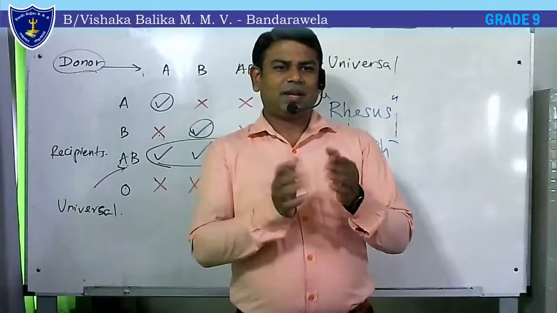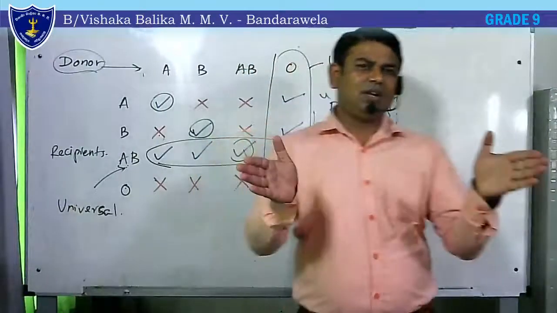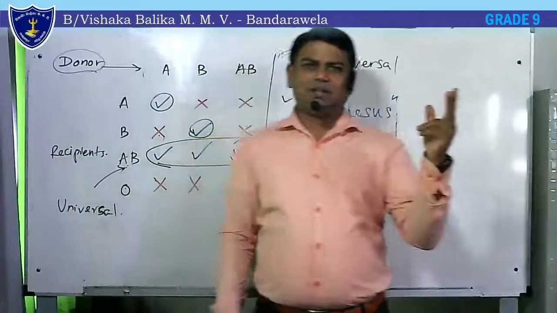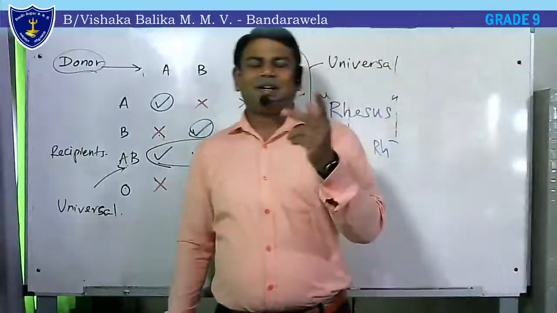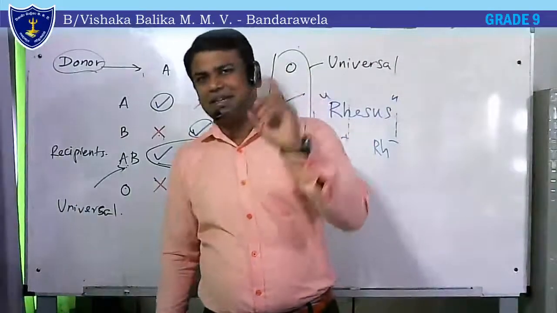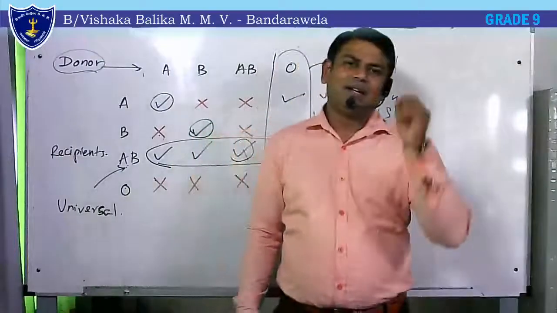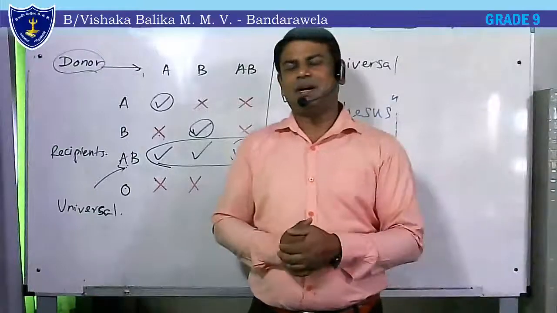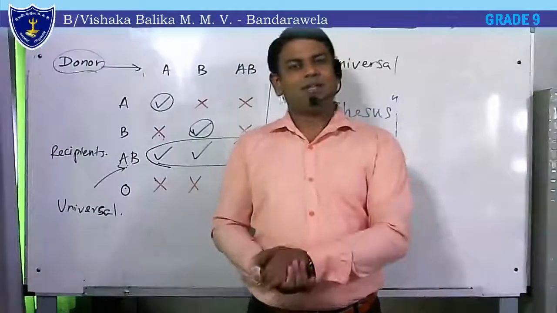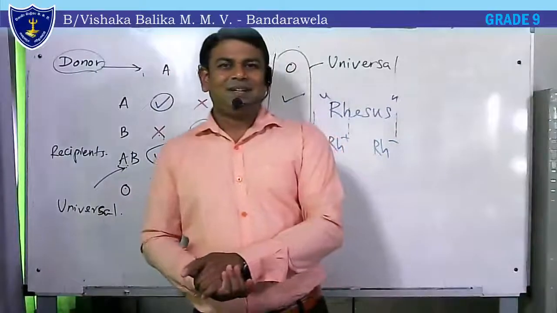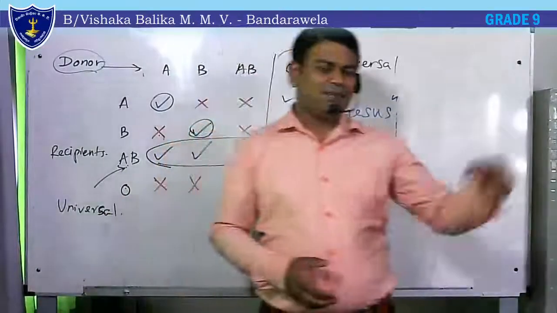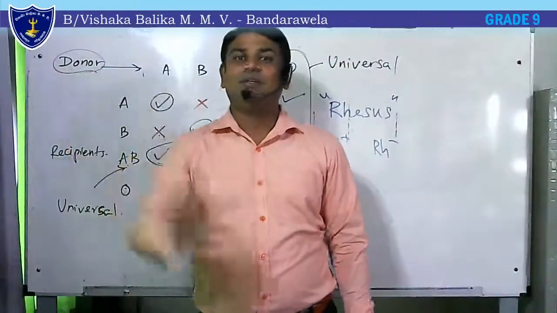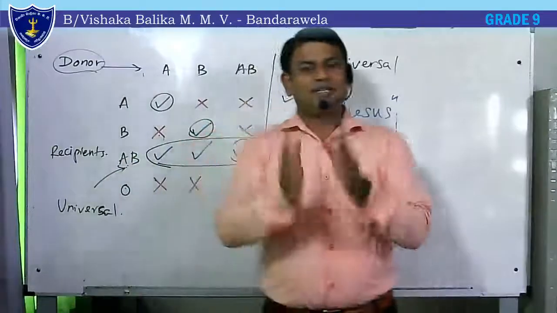Therefore, if you are qualified with the age, qualified with the weight, qualified with enough thickness of the blood, and you can confirm that you haven't suffered from a viral disease in the past 3 months, then you are eligible to give blood. So that's about blood transfusion. Taking blood from a healthy person and giving it to another person who suffers from a deficiency is blood transfusion.